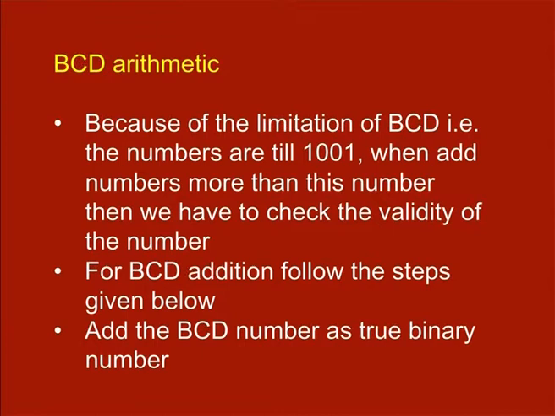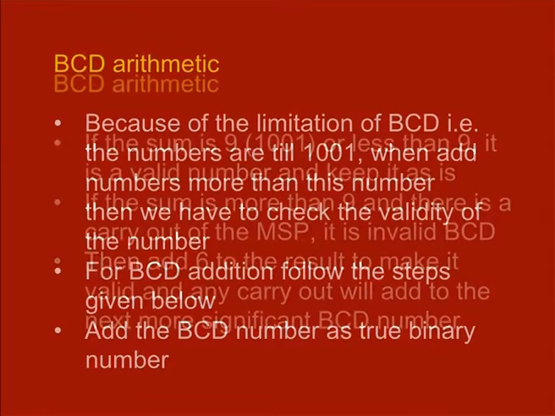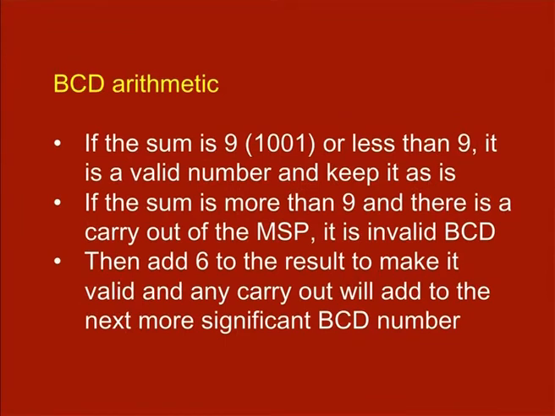For BCD addition, follow the steps given below. First, add the BCD numbers as true binary numbers. If the sum is 9, which is the binary 1001, or less than 9, it is a valid number and we keep it as is.